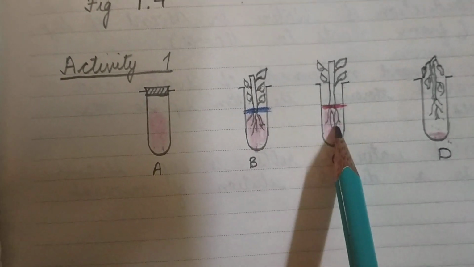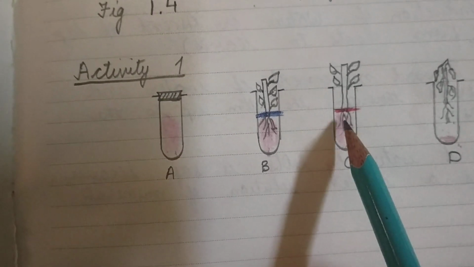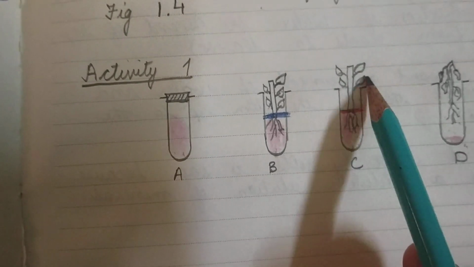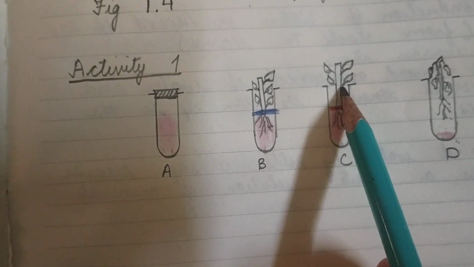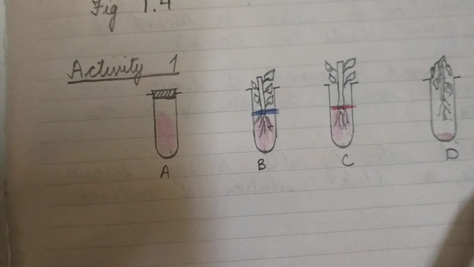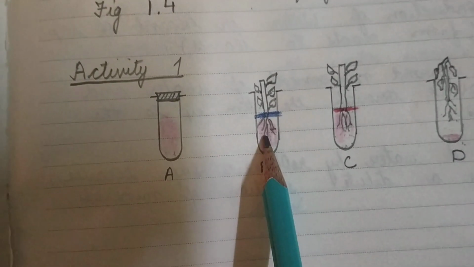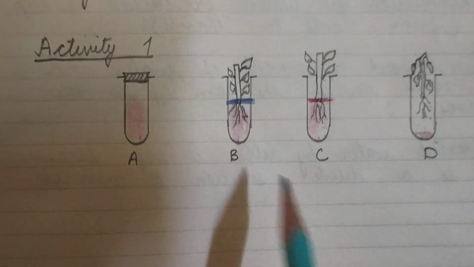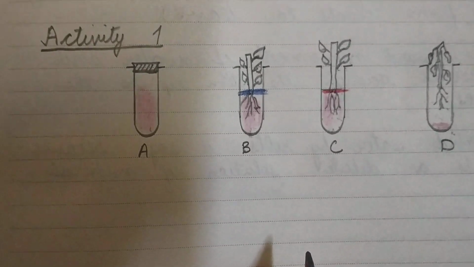And in C, where we have placed the red ink, the red ink will be clearly seen in the xylem tissues. So by this experiment we can conclude that yes, the roots are the major part of the plant which is responsible for absorption of water and minerals from the soil.